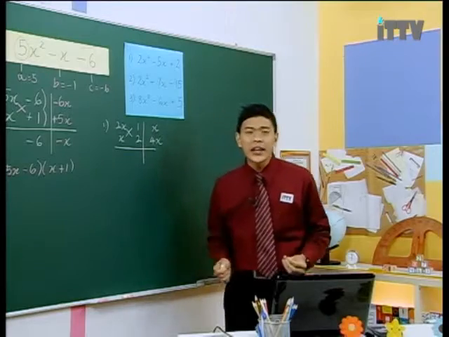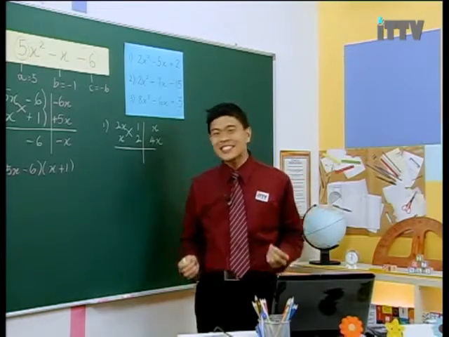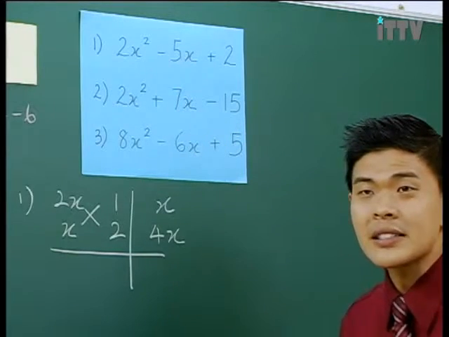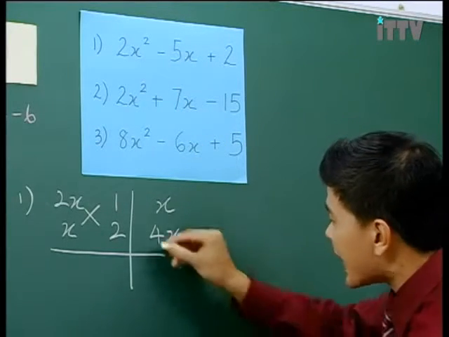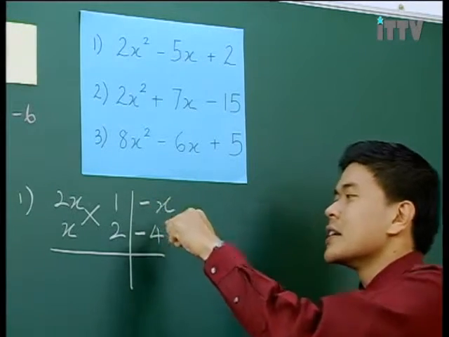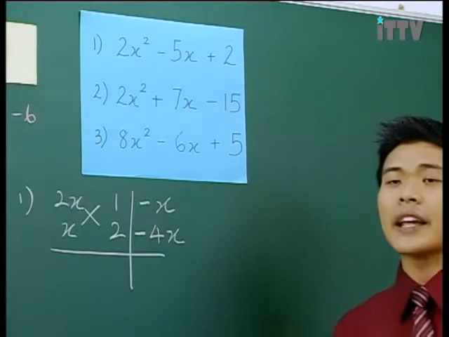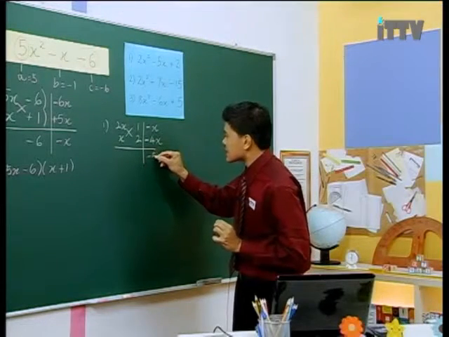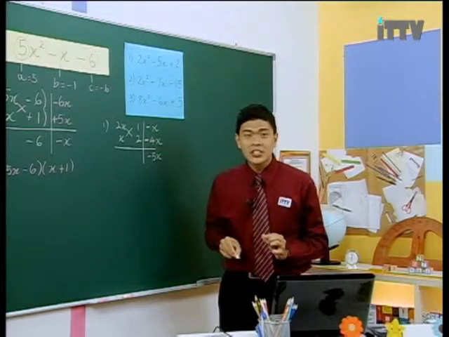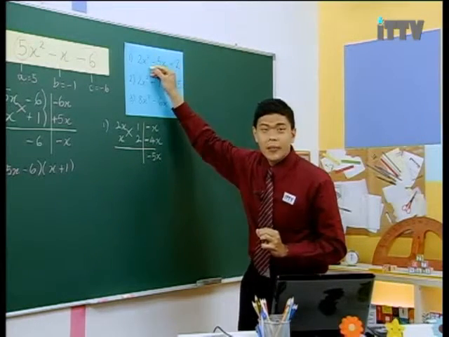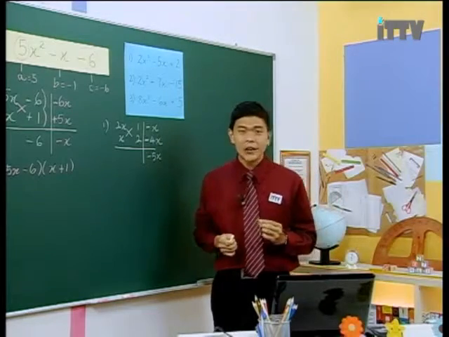How are you going to arrange the positive and negative signs such that you will get negative 5x? Well, you need to put negative on both, because negative x, negative 4x gives you negative 5x, and this is the sum. Okay, so first check done, it gives you negative 5x. Now we must double check.